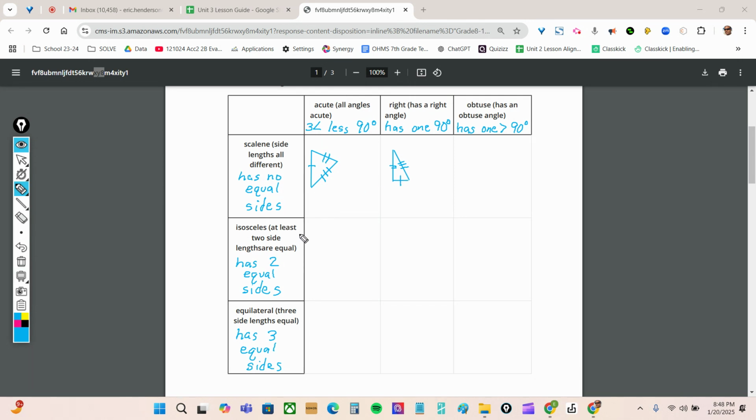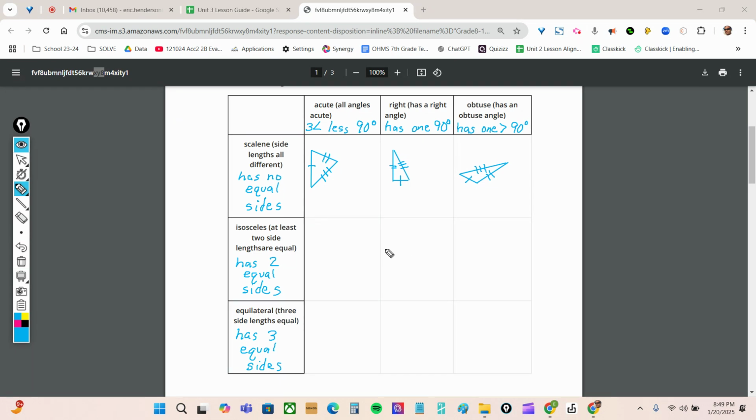Then obtuse and scalene is going to look something like the same thing. You got a short side, a longer side that is greater than 90, and then a longer side. Say this is one length, this is 2 lengths, and this is the longest side at 3 lengths.